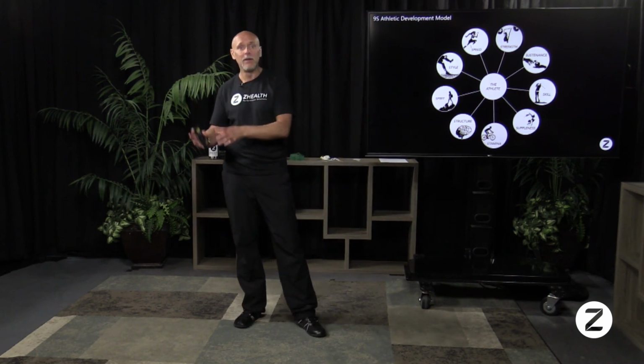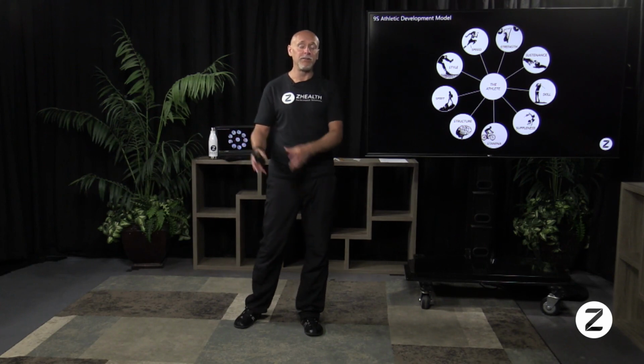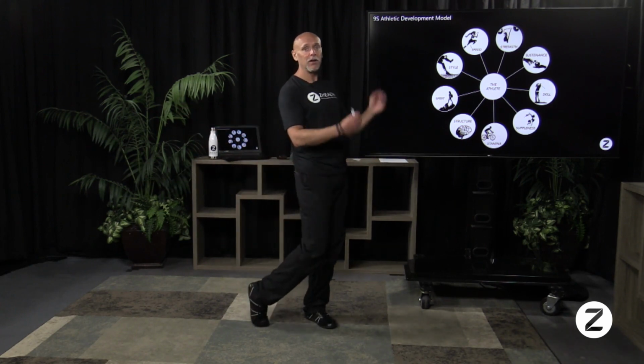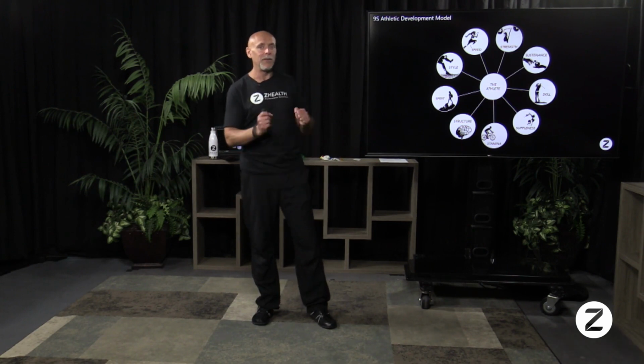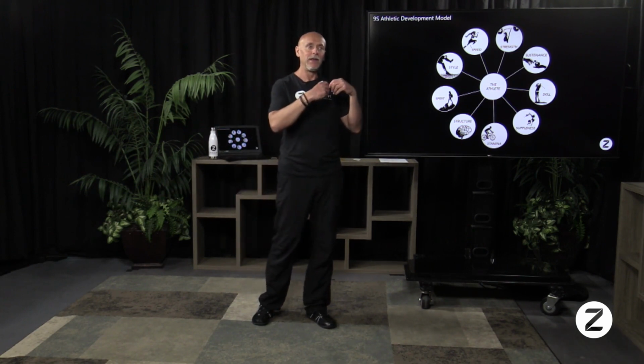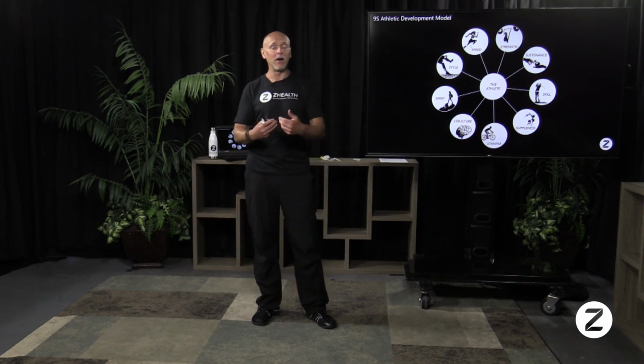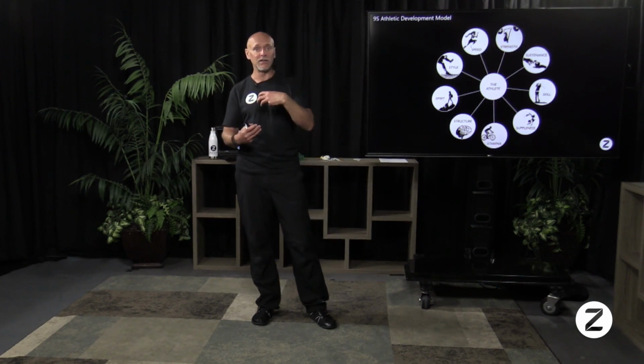But what we find most Z-Health professionals being excellent at is working beside top-level skill coaches, because often skill coaches can tell you what's wrong with the golf swing, but other than the drills that they've developed, they may not have the information or knowledge to solve that problem through some of the higher-order neurologic systems.